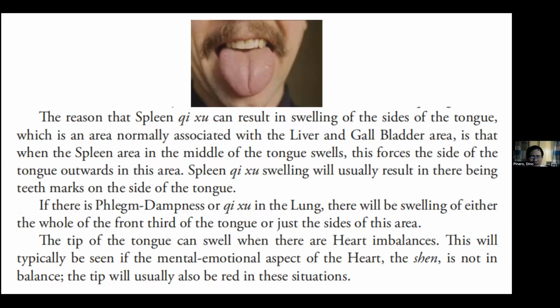If there is phlegm dampness or qi deficiency in the lung, there will be swelling of either the whole of the front third of the tongue or just the side of this area.